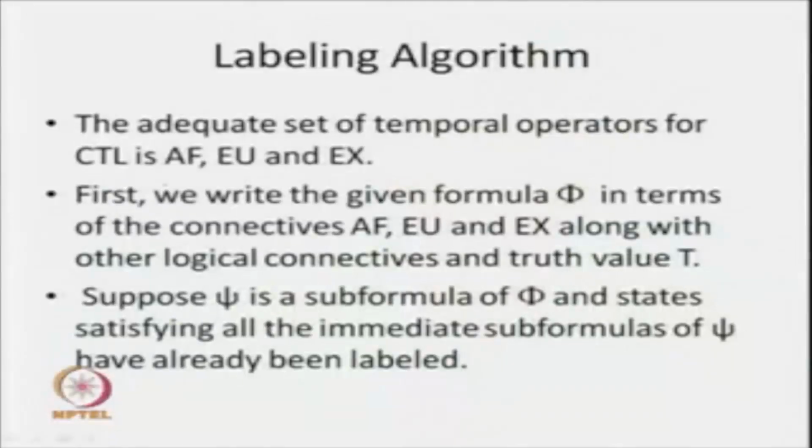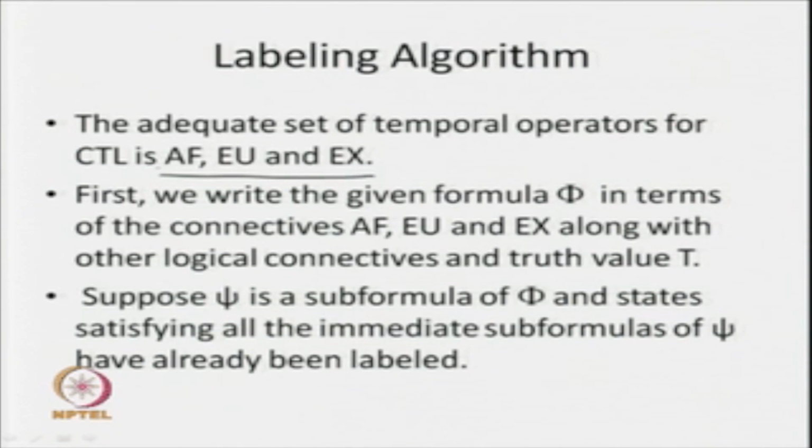But already we have seen that out of those 8 we need only 3, which are going to form the adequate set of operators. So, if we know the method for these 3 operators, then we can handle all those 8. We are going to take one particular adequate set of operators, which includes AF, EU and EX.